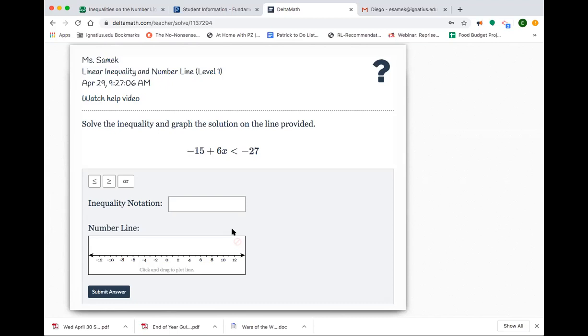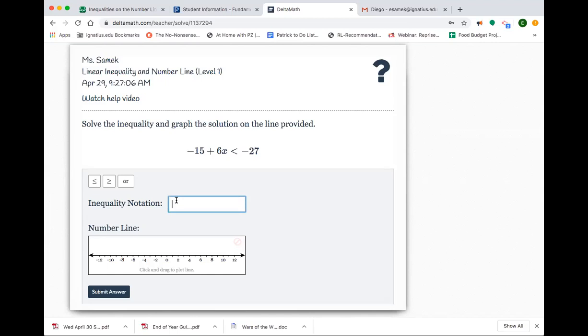So now I have 6x is less than -12. And what would I do from there? What would you do to both sides? Divide both sides by 6. Good. And I end up with x is less than -2.